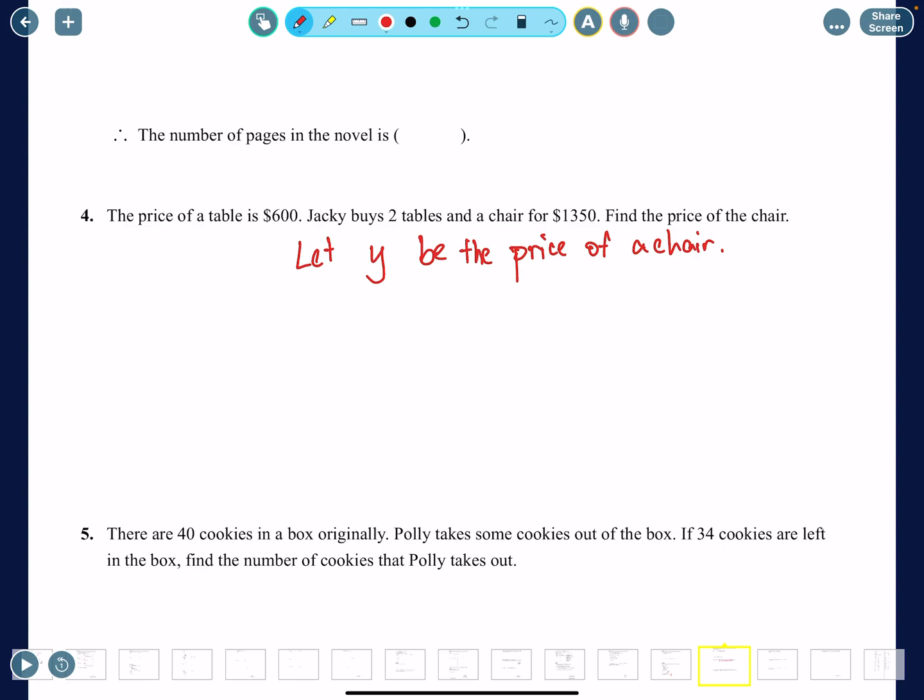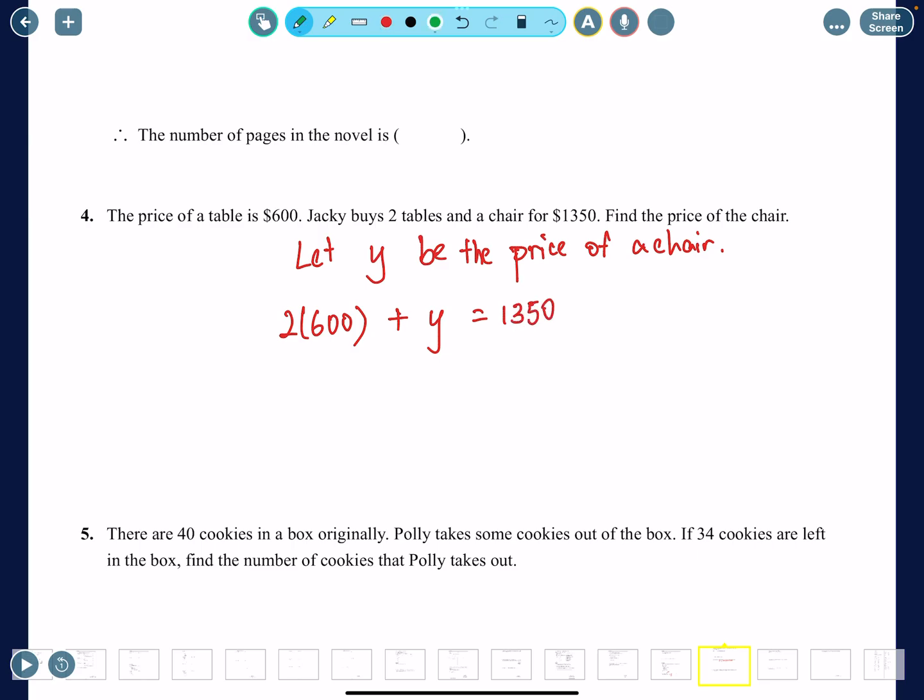Okay, so 1,350 is 2 times of a table, 2 times $600, plus the price of a chair, which is just Y. Now, if you add the total price, it should be 1,350.